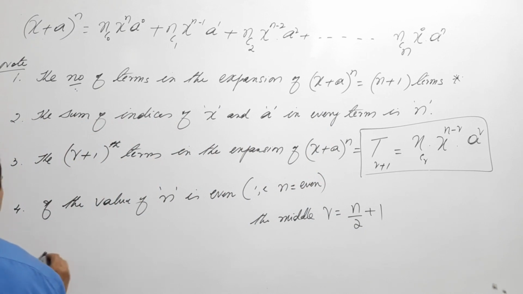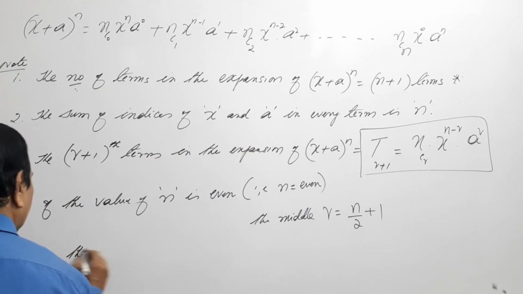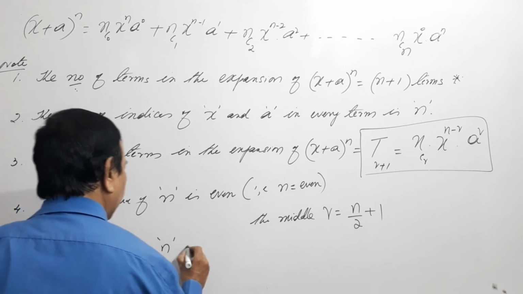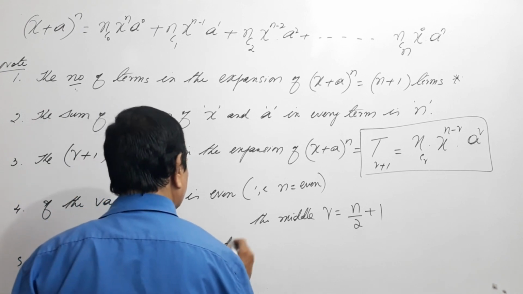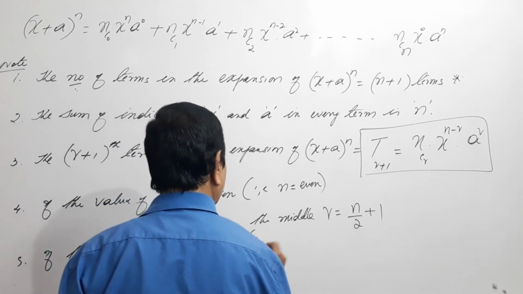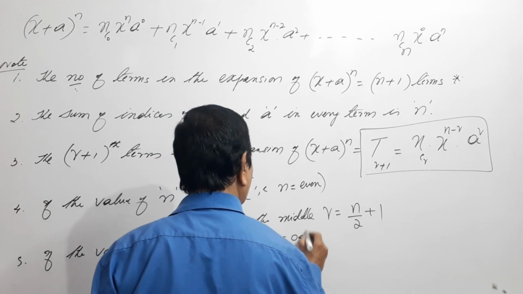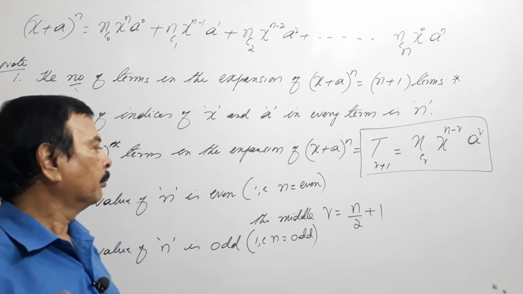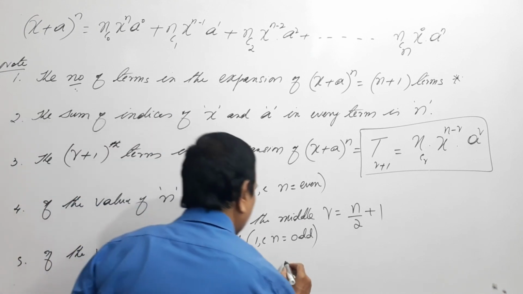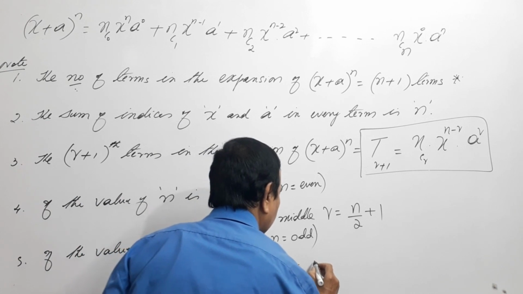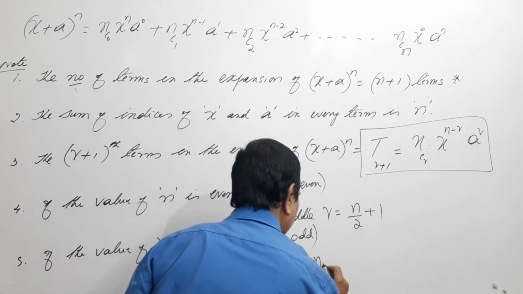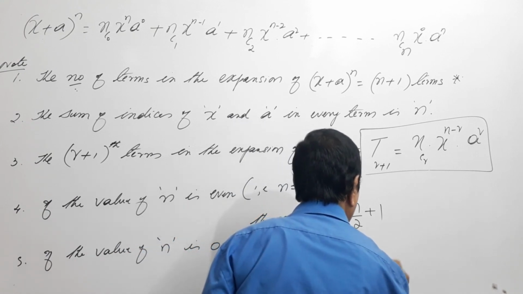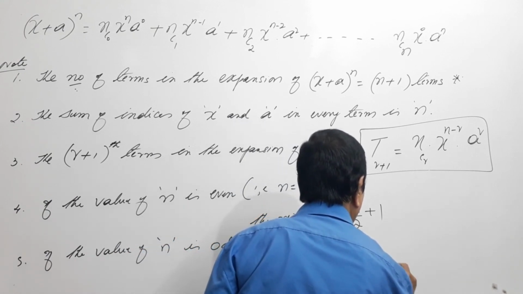Fifth point, if the value of n is odd, that is n equals odd, we will have two middle terms. What is that? R equals what? (n+1)/2 and (n+3)/2.